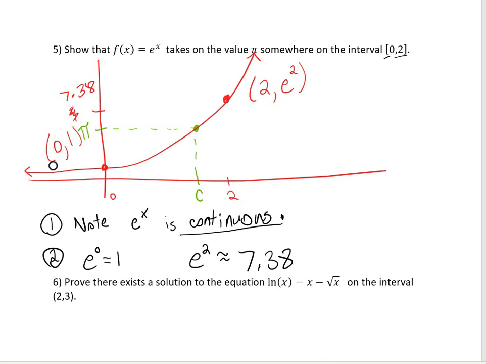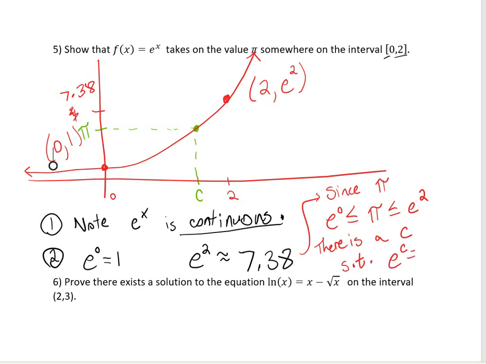Here's what this tells us: since pi is somewhere between e to the 0 and e to the second, there is a c such that e to the c equals pi, because our function is continuous.